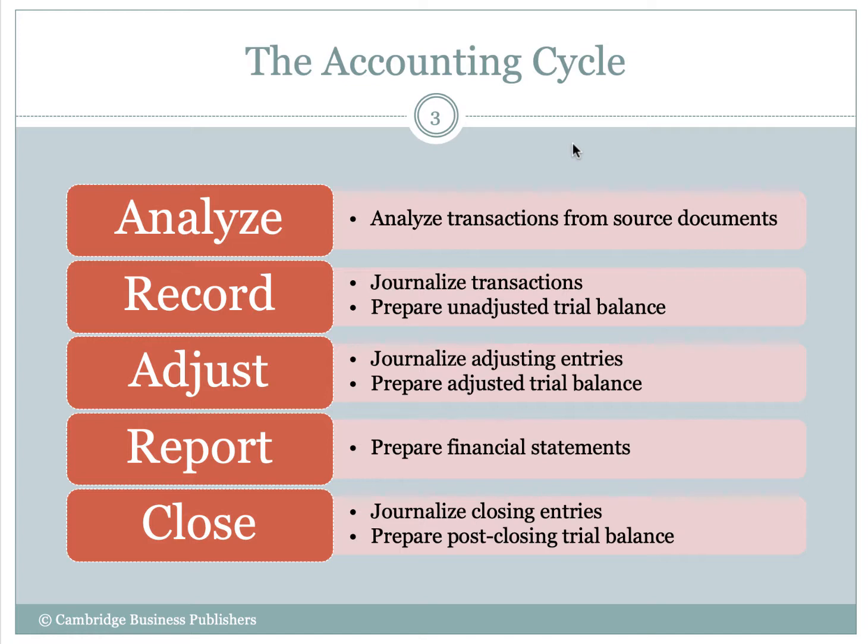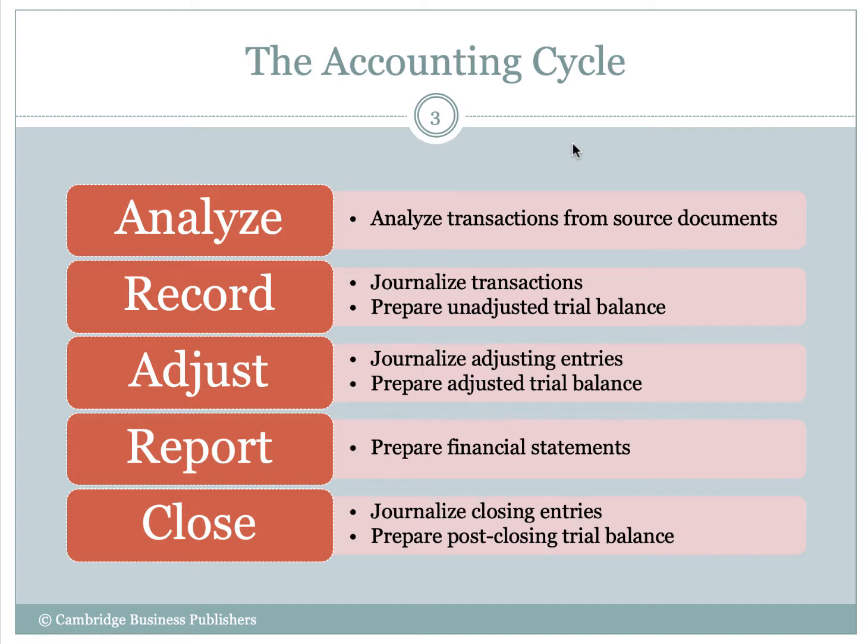Okay, so this information is going to be covered over the long run of the course. In this chapter, we're just going to look at how we analyze transactions, how we prepare those journal entries, and we'll get into the unadjusted trial balance. Adjustments we'll see later.